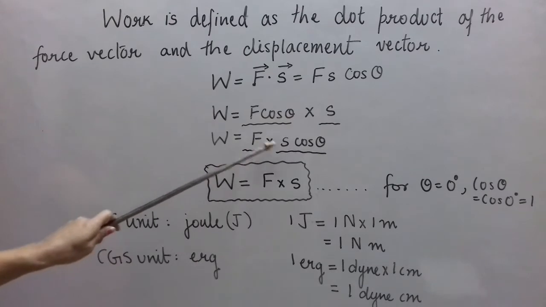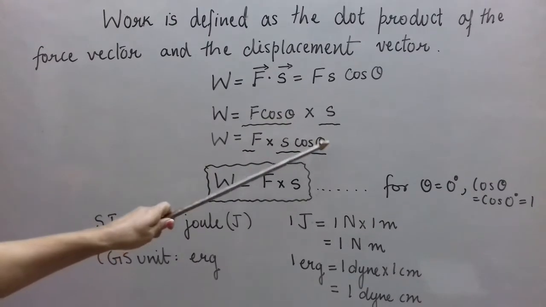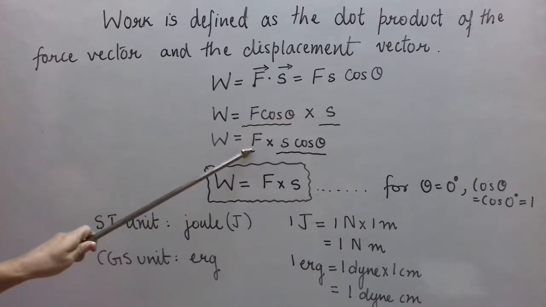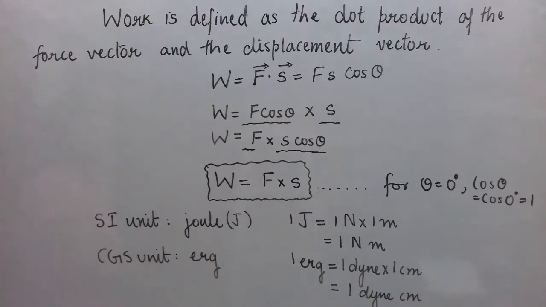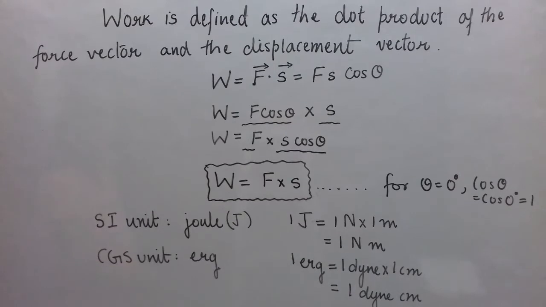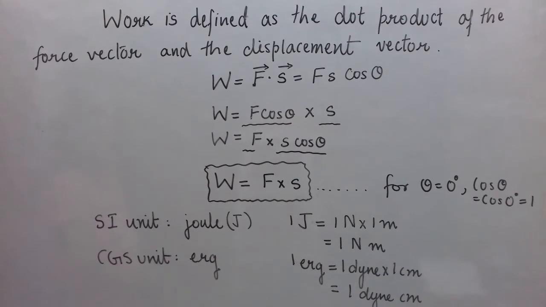Similarly, in F into S cos theta, S cos theta is a component of the displacement vector in the direction of the force vector. Component means, when you split a given vector into different parts along different directions, these parts are called components of the given vector.